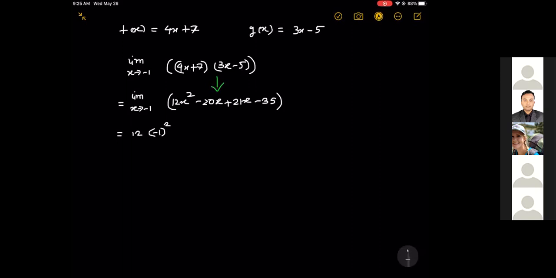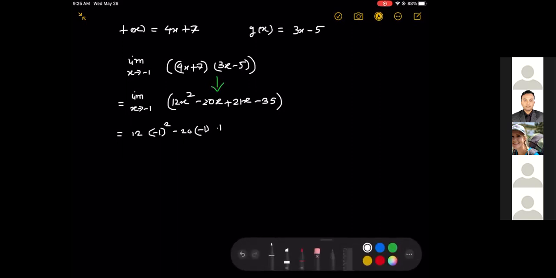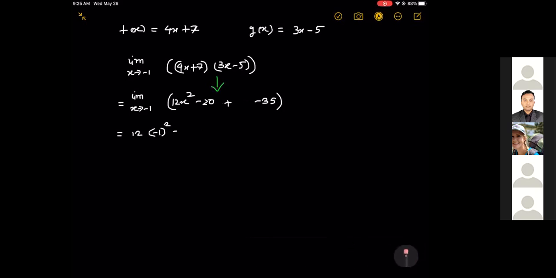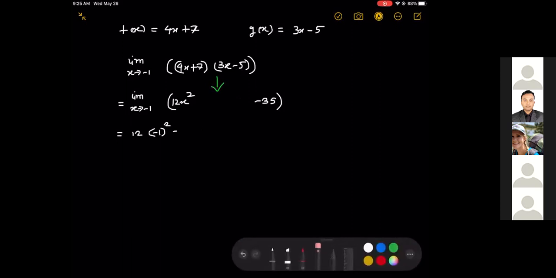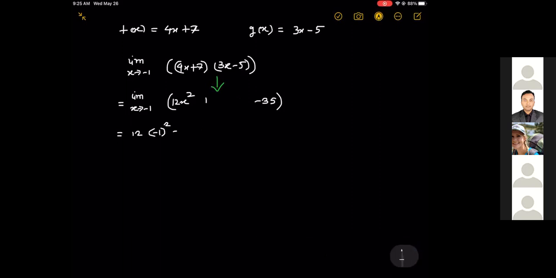12 times -1 squared minus 20 times -1. Oh, sorry about that, I think we can rewrite it as positive. That's the plus 20x.